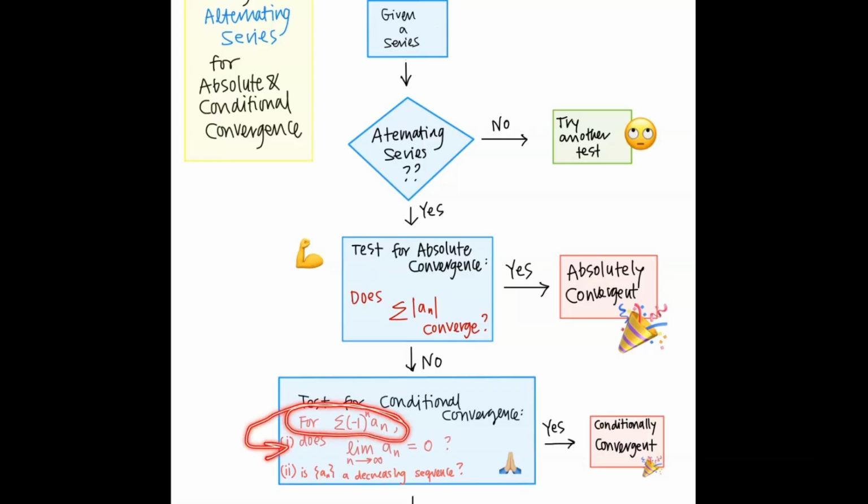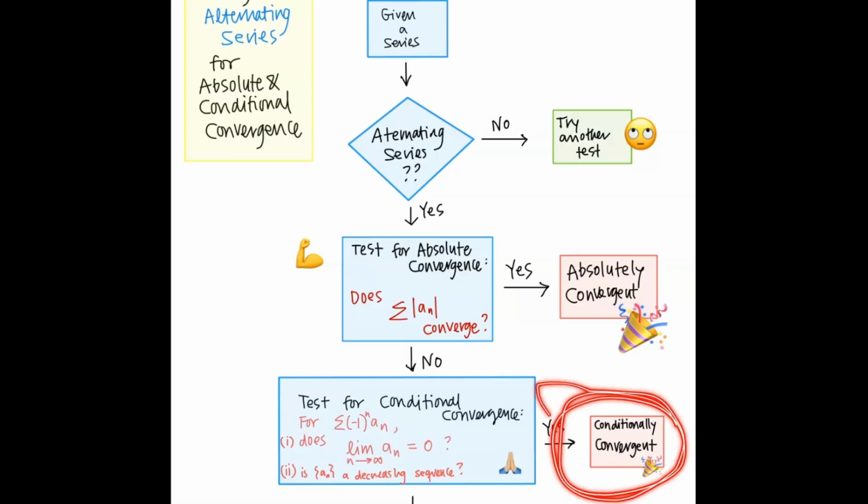We ask, do the positive parts of each term go towards zero? And are the terms decreasing? If both of those are true, then we have a conditionally convergent alternating series. This shouldn't be too hard to determine. You can usually look at the positive parts of the sequence and determine if they're going to zero.